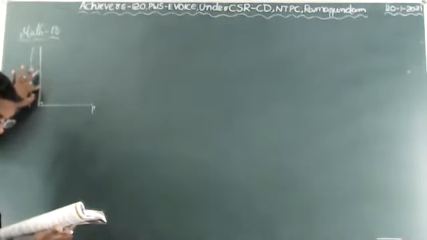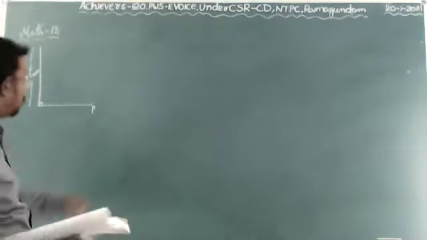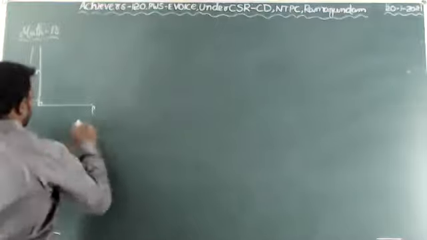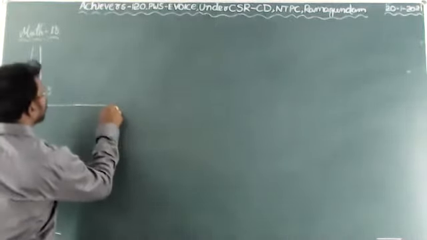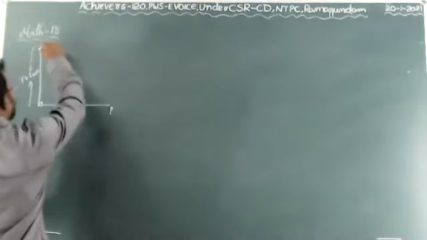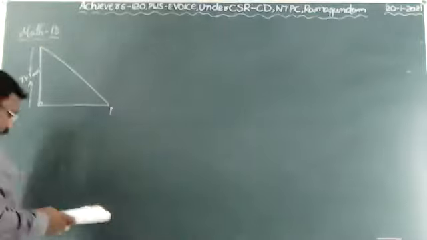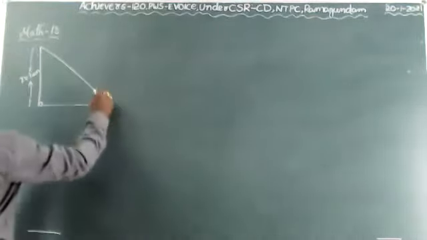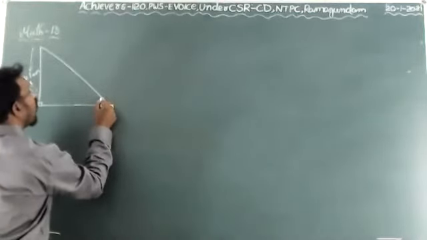The angle of elevation of the top of the tower is 60 degrees. How much? 60 degrees. This is the angle of elevation, observing the top of the tower.